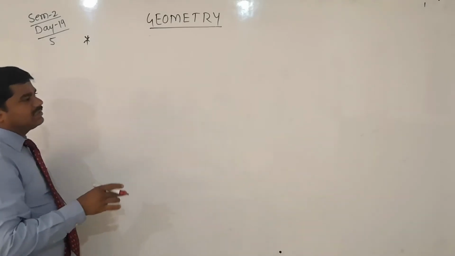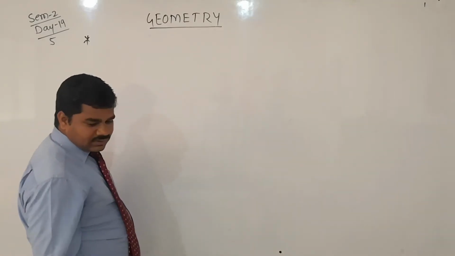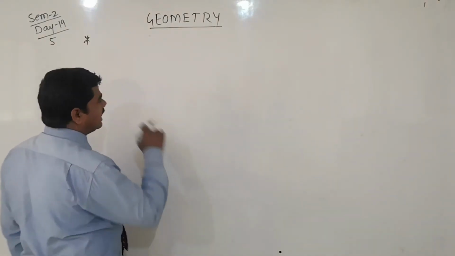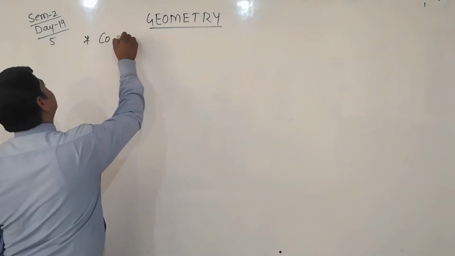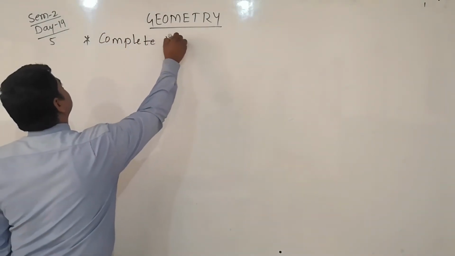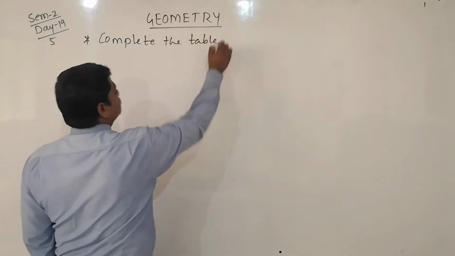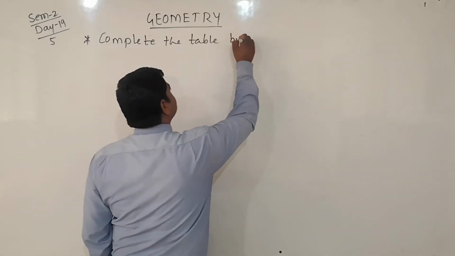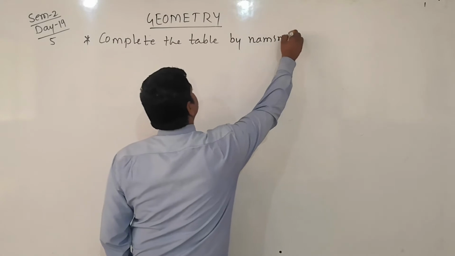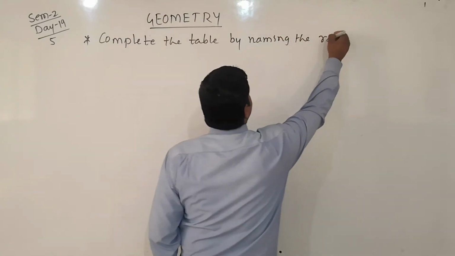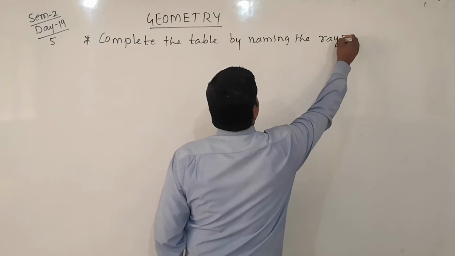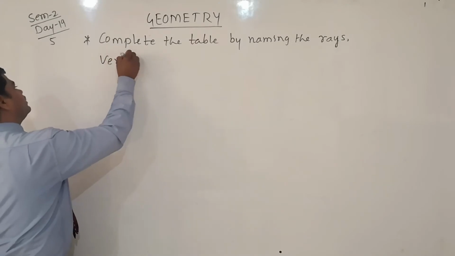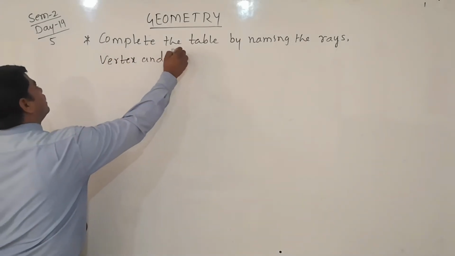We should write the rays and label them, and the vertex. Very simple: 2 rays, vertex and angle.